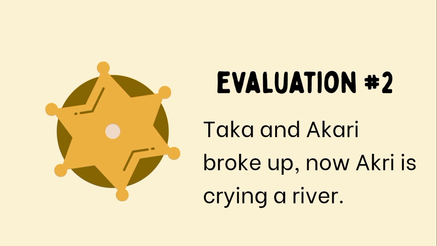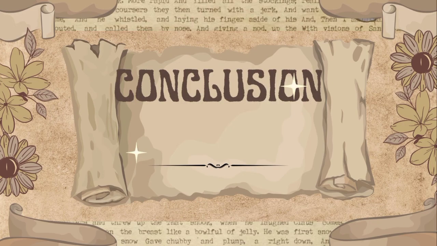So that is the definition of the sentence. It doesn't literally mean that the amount of Akari's tears is the same as what we see in the river, like the water flowing in the river. Alright, so that is the definition of our second sentence.